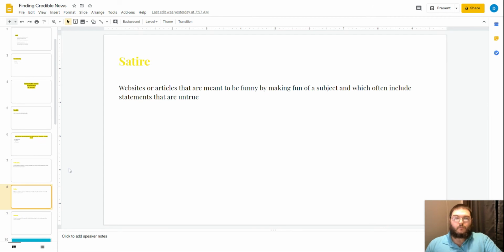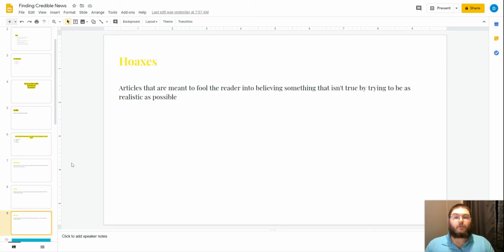Satire are websites or articles that are making fun of other things. Examples are The Onion, which makes fun of most online news sources, or things such as Saturday Night Live, which makes fun of all news.